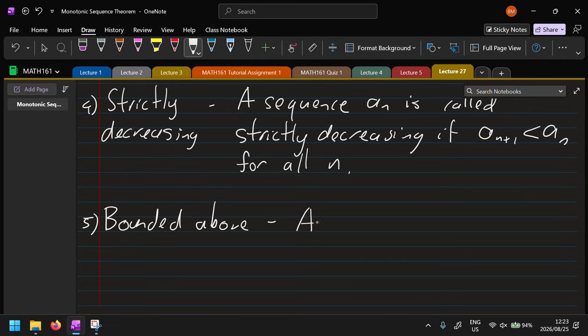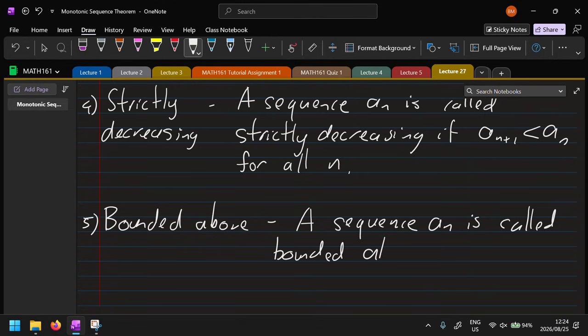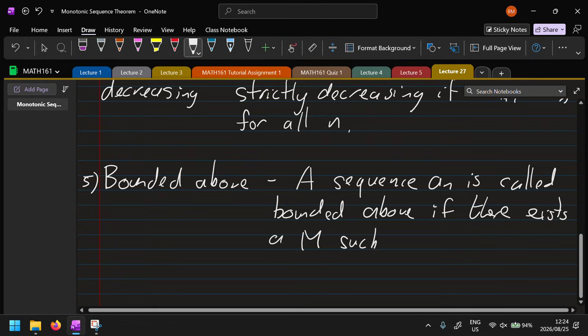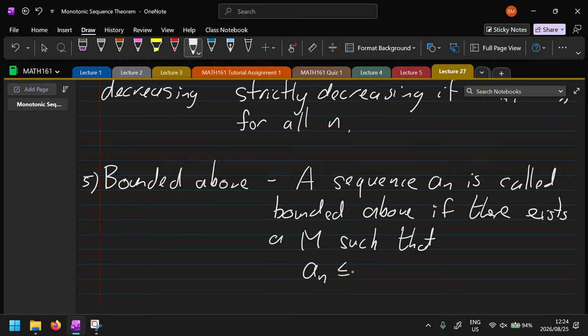A sequence a_n is called bounded above if there exists a capital M such that a_n is less than or equal to capital M for all n.